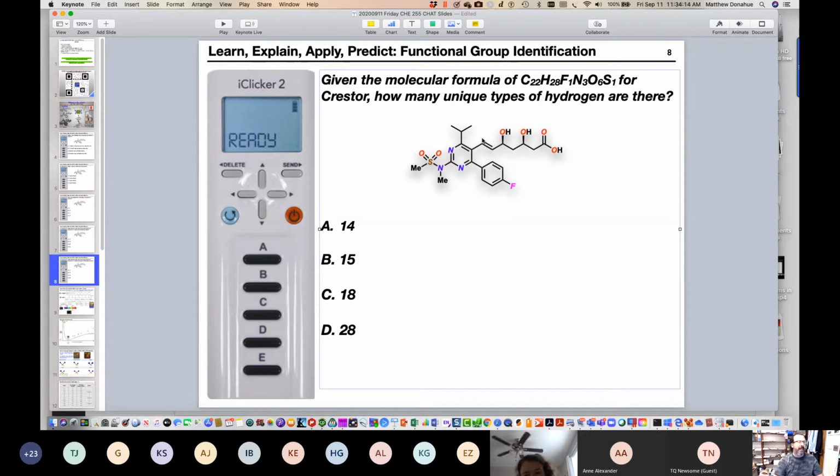So again, what we are getting at, even though both of those hydrogens are bonded directly to an sp2 hybridized carbon, they are different types of hydrogen. So why are they different? So as Aiden points out, there's no symmetry. So yeah, if you're standing right here and you look out, you see that hydrogen.